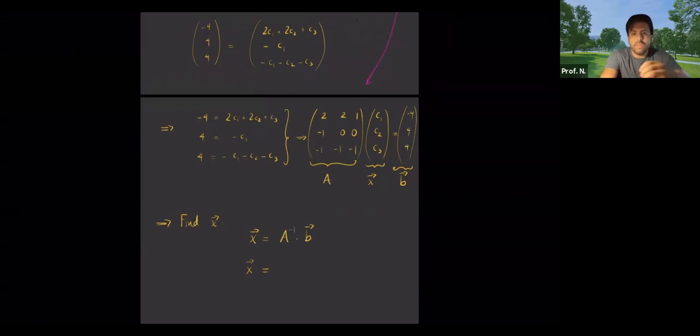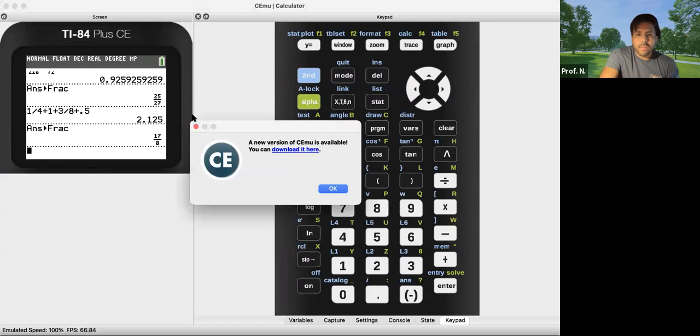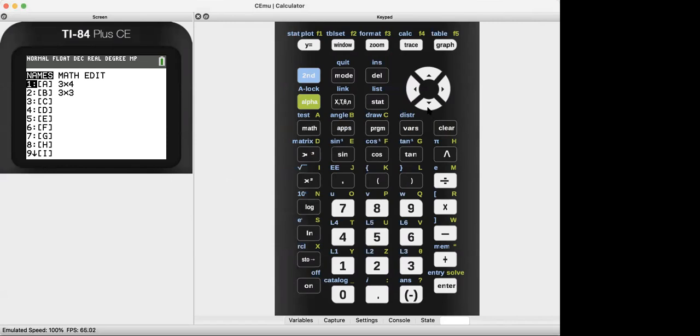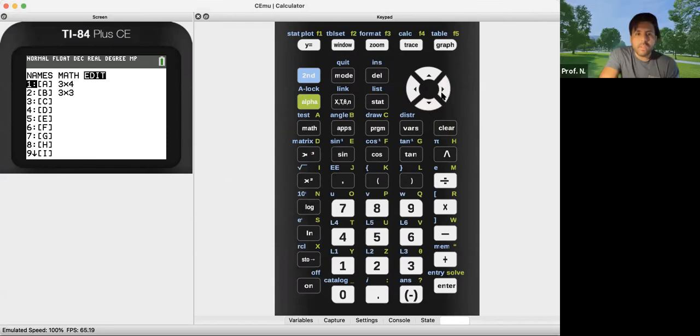Let me just open the application. Okay. So in your calculator, here we have second matrix. I'm going to a 3 by 3.